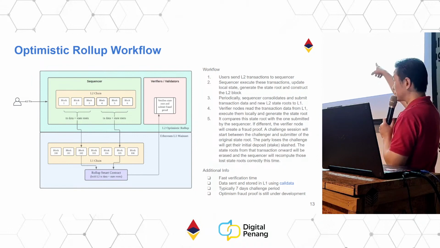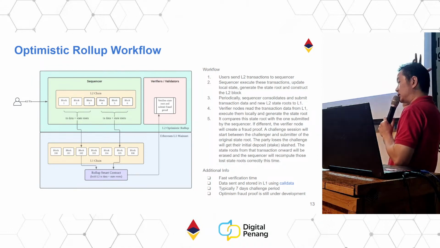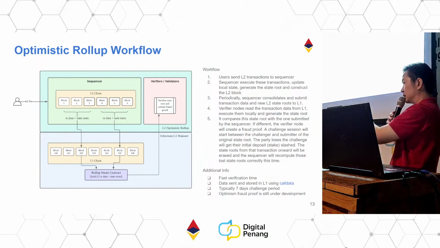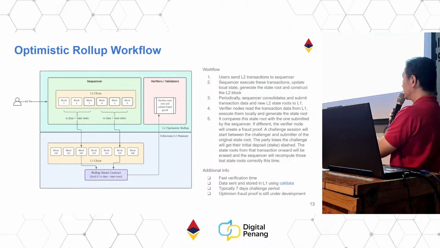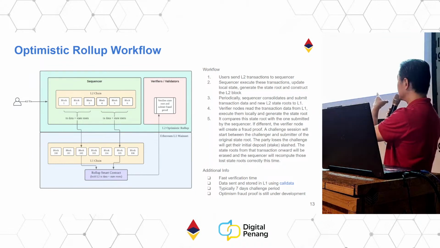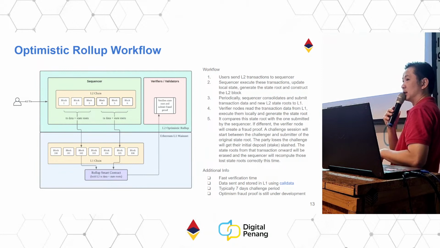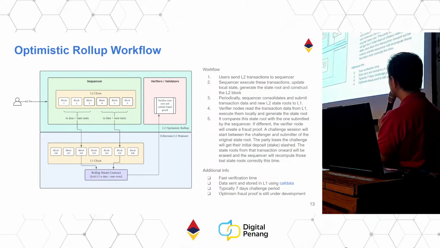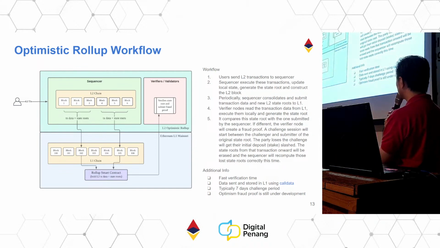So the verifiers can challenge the sequencer, then you get into a challenging game, and eventually whoever wins gets some money, and the person who loses gets slashed, whatever stake they put into the network, right? So this is how the optimistic rollup works.